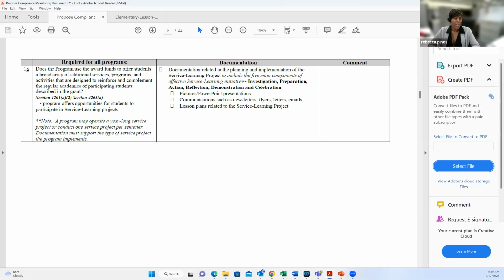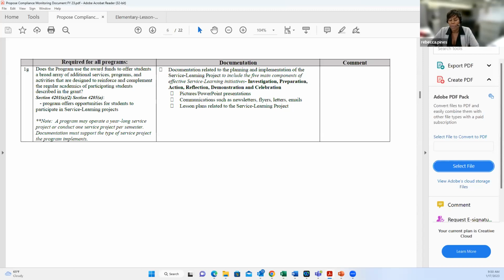And if you notice for 1G on your compliance monitoring, it says that the funds have to be used to offer students a broad array of additional services or programs or activities that are designed to reinforce and complement academics of participating students within that grant.